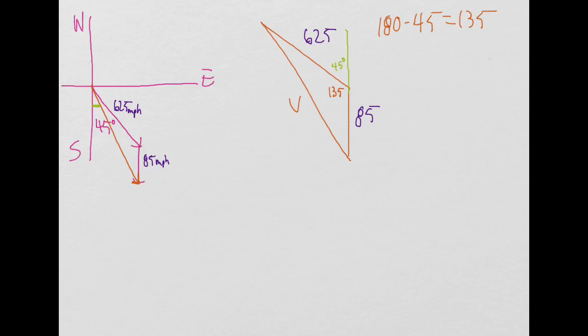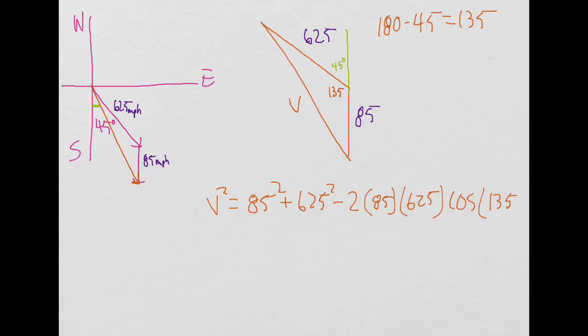So law of cosines says v squared equals 85 squared plus 625 squared minus 2 times 85 times 625 times the cosine of 135. Now, if I take the square root of all of that, I will have v by itself.